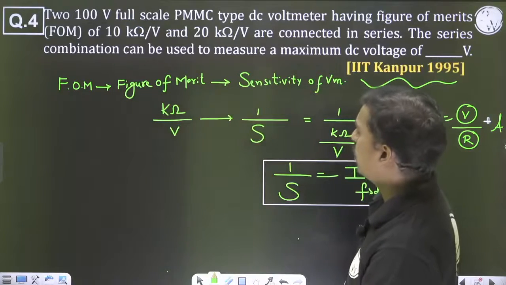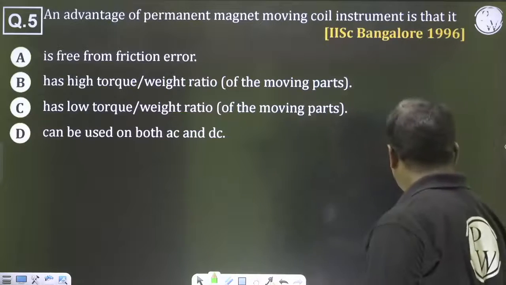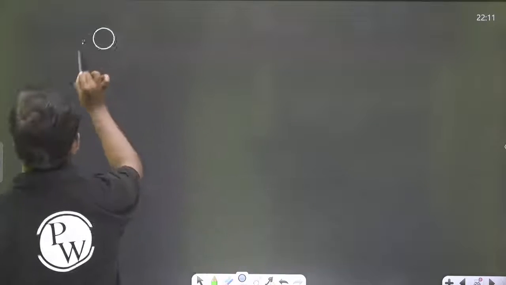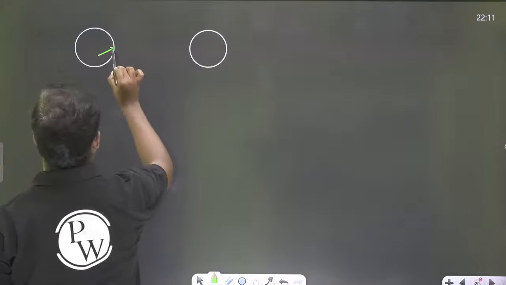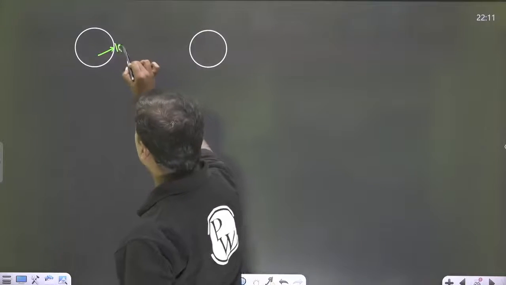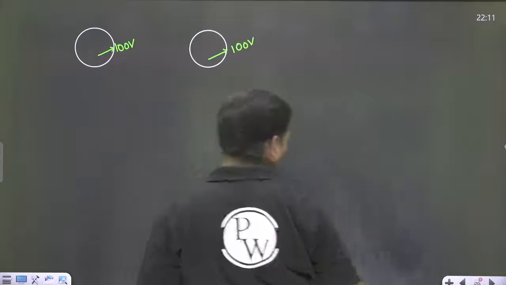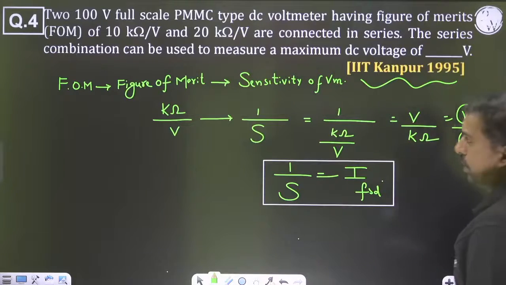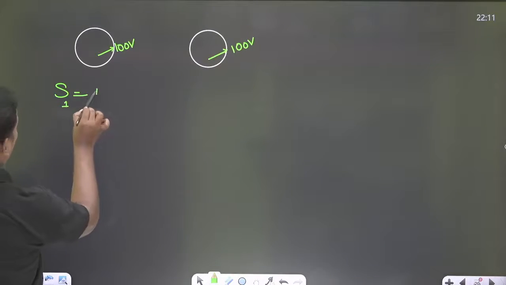Now if you see this question, there are 2 voltmeters. The first is a 100 volts full scale PMMC type DC voltmeter, and the second is a 200 volts full scale PMMC type DC voltmeter. The first has a figure of merit of 10 kilo ohms per volt, so the sensitivity S1 is 10 kilo ohms per volt.